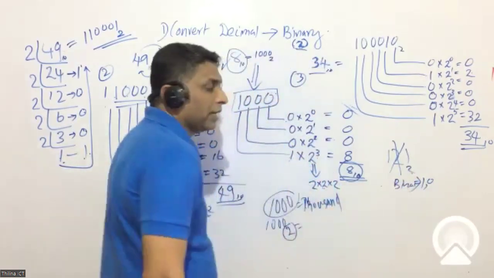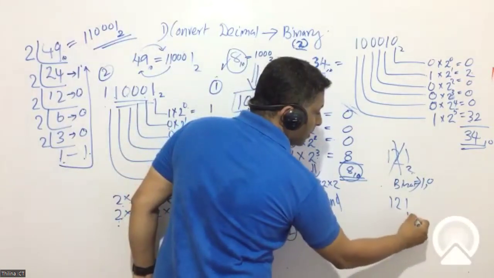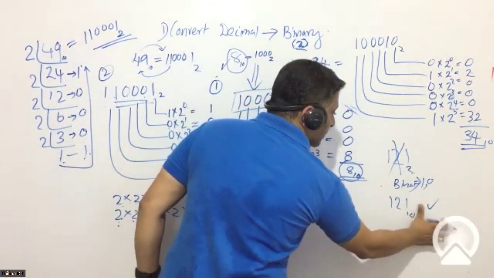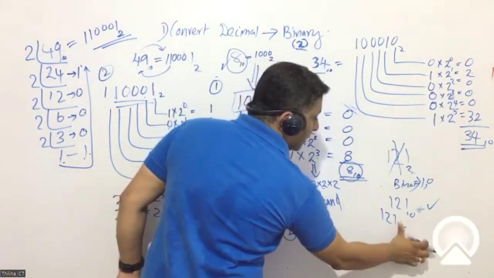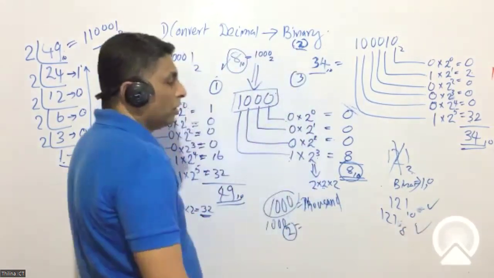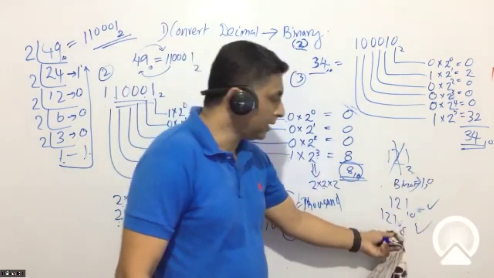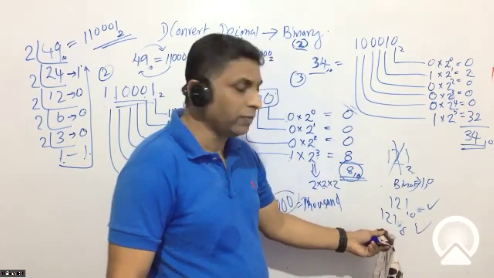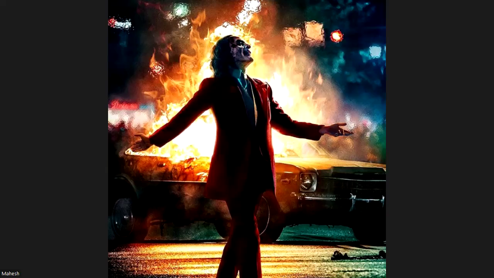So 2 cannot be contained. 12 in base 10, yeah, that's possible. 12 in base 8, that's also possible. Because base 10 can have digits from 0 to 9, base 8 can have from 0 to 7. Those are the symbols.